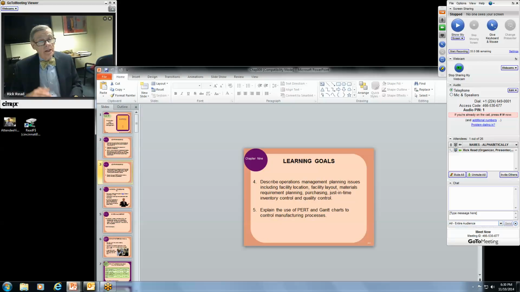And then finally, describe operations management, planning issues, including facility location, facility layout, materials requirement planning, purchasing, just-in-time inventory, and quality control. And we talked a little bit about quality control back when we were talking about the 4 functions of management. And then finally explain the use of PERT and Gantt charts to control manufacturing processes.